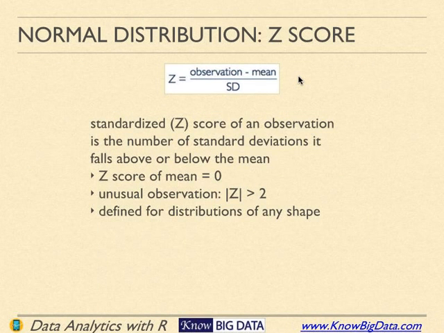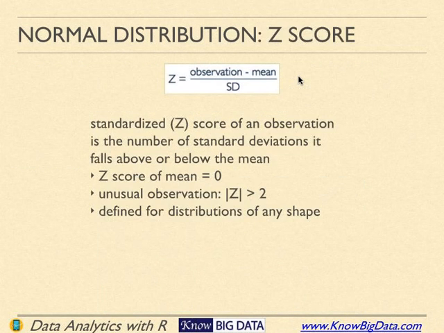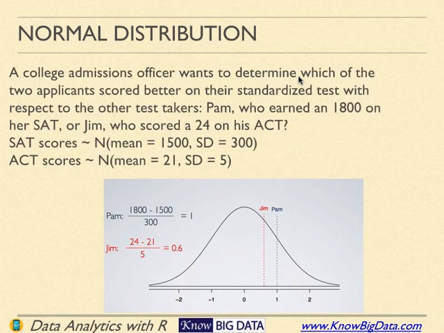And this score, the one we just computed, is called the Z score. Z score means observation minus mean, divided by standard deviation.